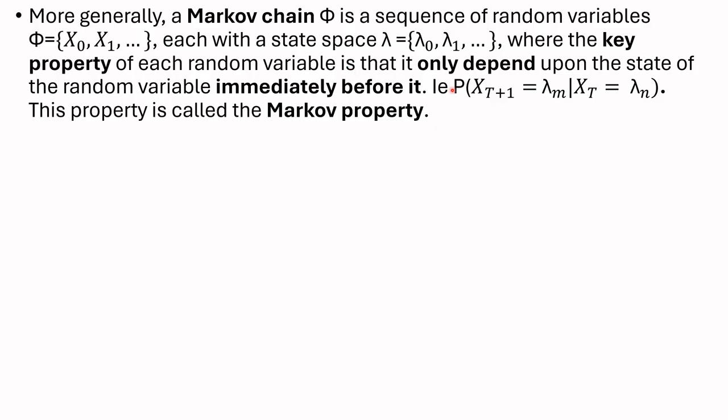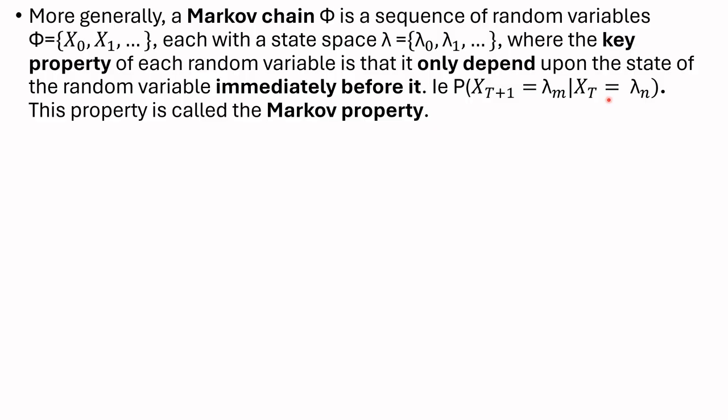So that's what this means equationally. And this thing of only depending on, like I said very simply, where you go only depends on where you are now, that's called the Markov property.